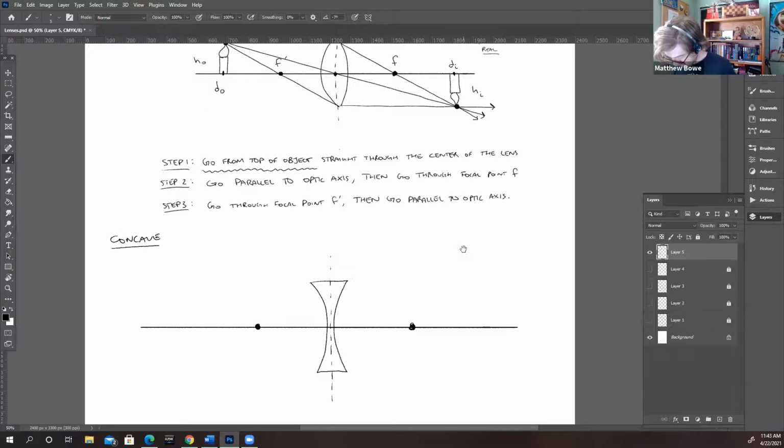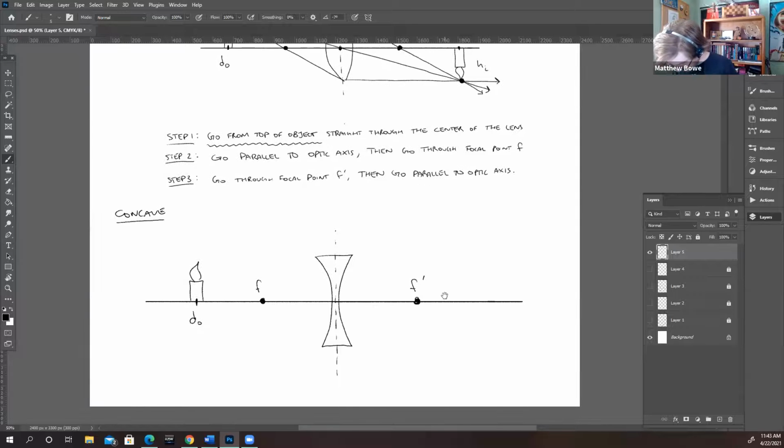However, the focal points have been switched. So this is F prime and this is F. Let's put an object right here. Same thing, it's a candle. And it is at the object distance, D sub O. Good thing is I don't have to rewrite those steps.